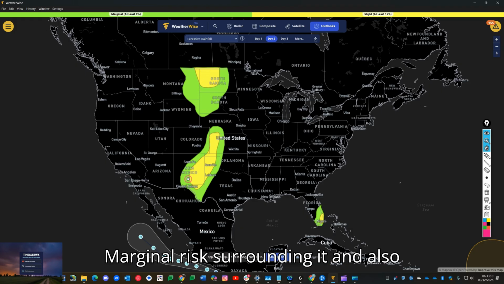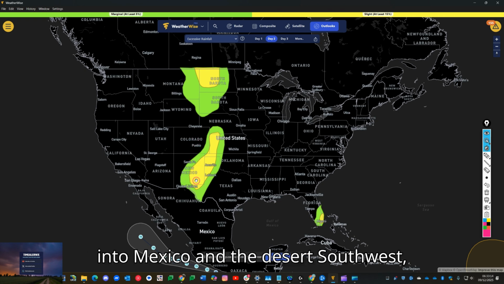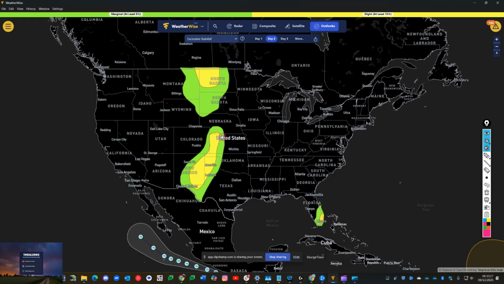Marginal risk surrounding it, and also along the Front Range of the Rockies here into New Mexico and the desert Southwest, Kansas, Oklahoma, parts of Texas, and along the Florida coastline, southeast coastline there.